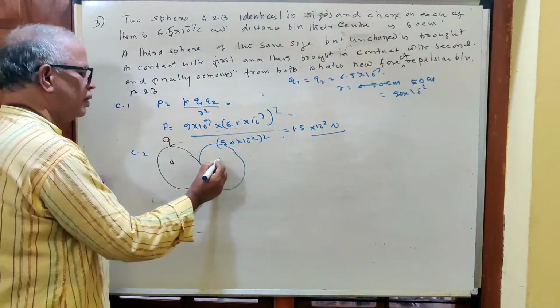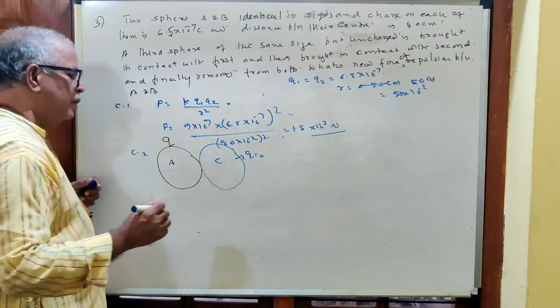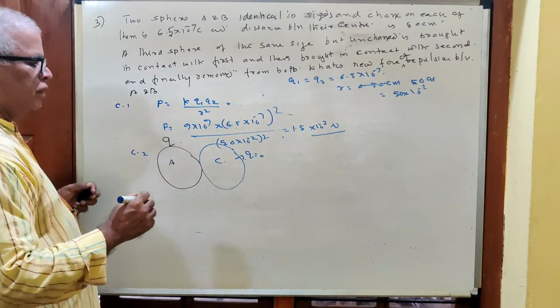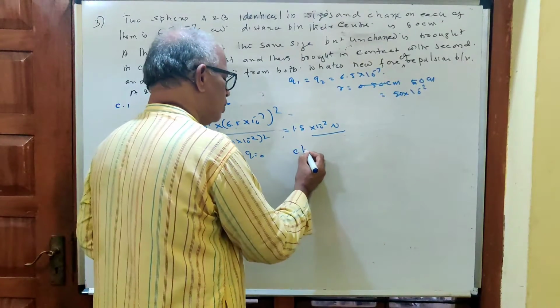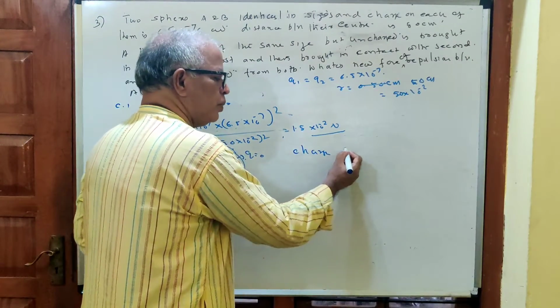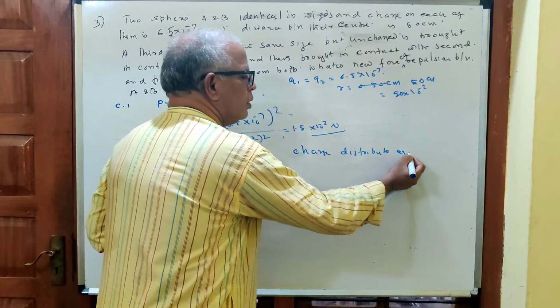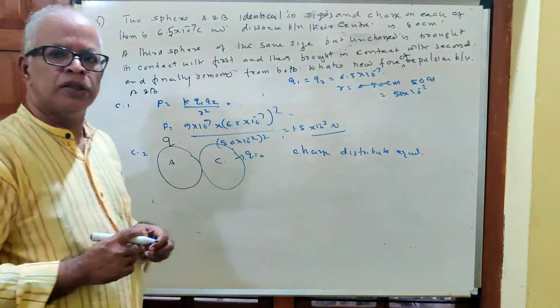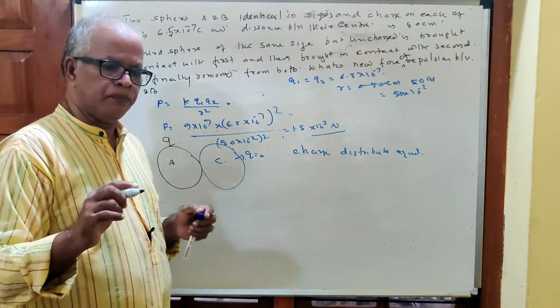C is uncharged, Q is equal to 0 in C. When they are brought together, the metallic spheres, charge distributes equally. Why? Charges repel each other, so when they get more space, they go away.